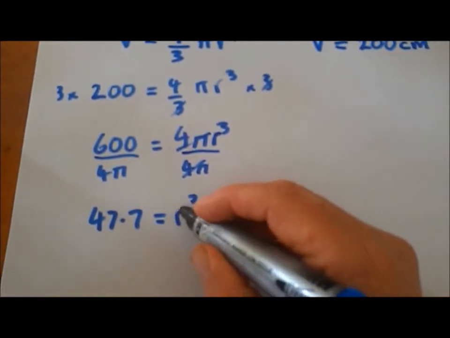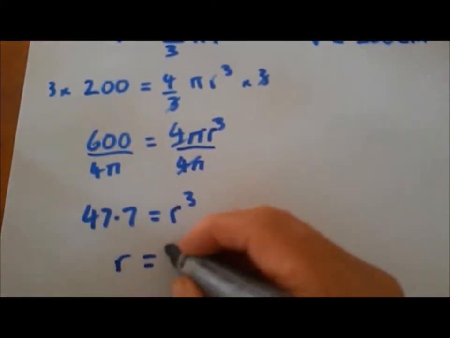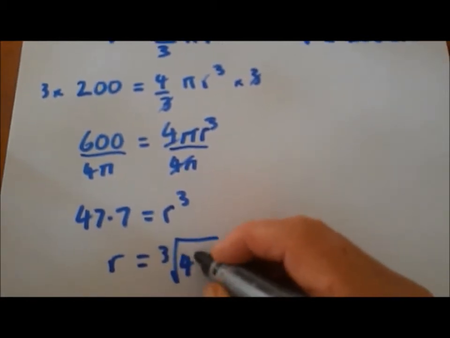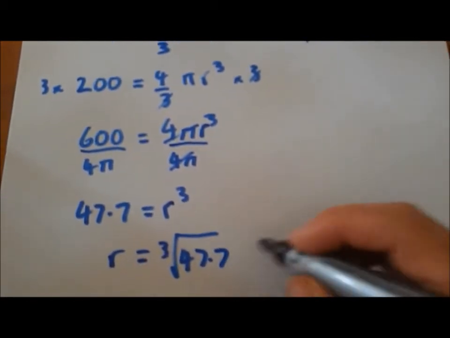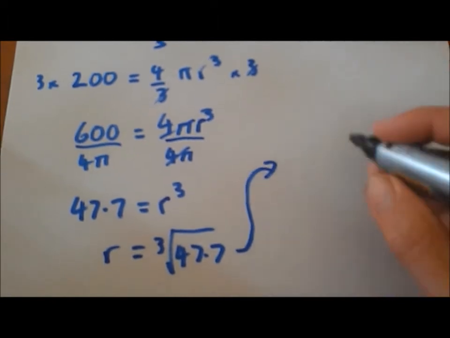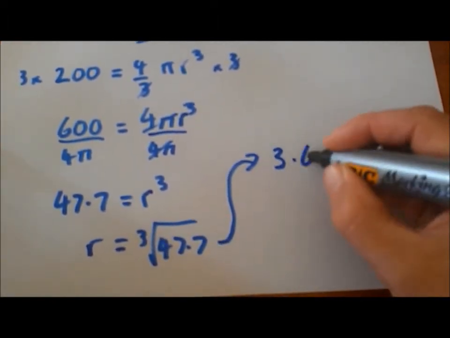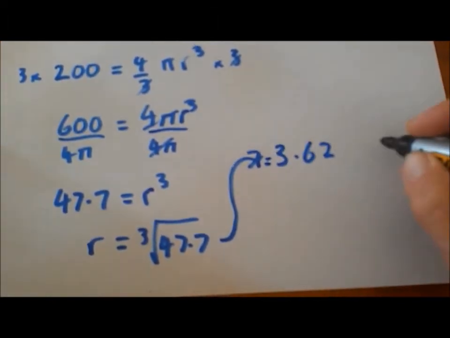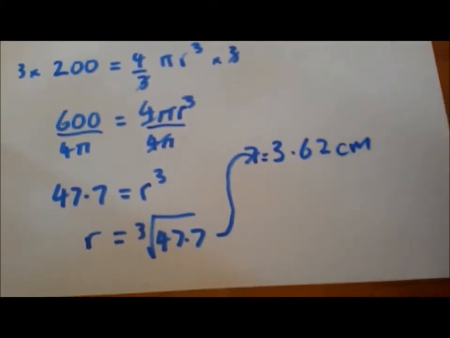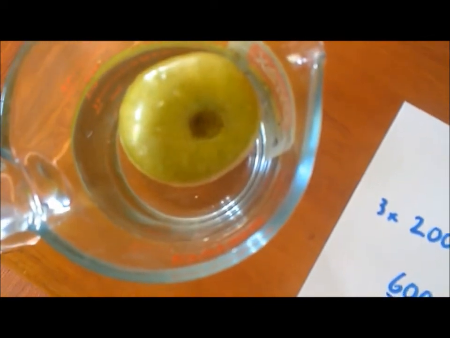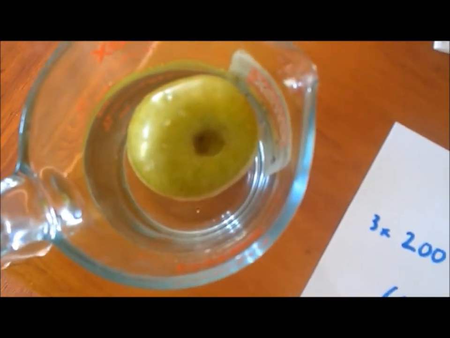So to work out r, I need to take the cube root of this number, 47.7. I'll plug it in my calculator. 3.62, that's r equals 3.62 centimetres. So my rather tasty looking apple over here has a radius of about 3.62 centimetres.